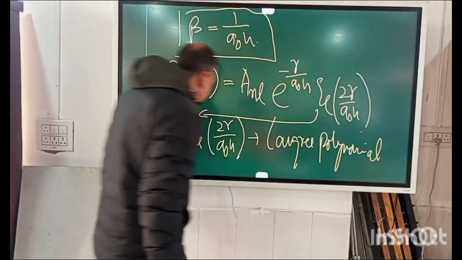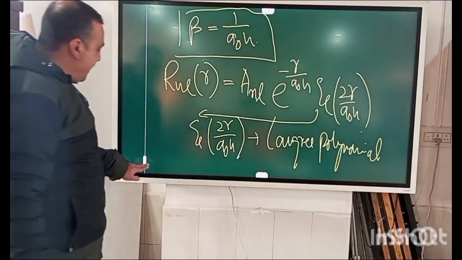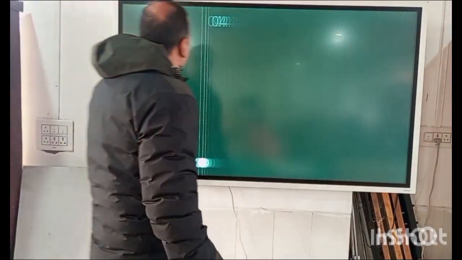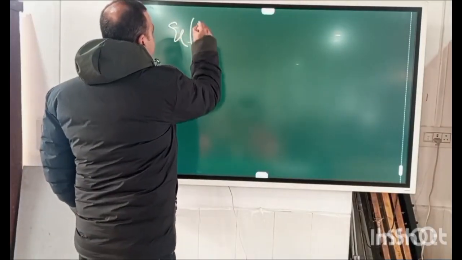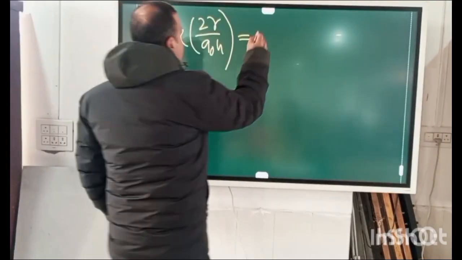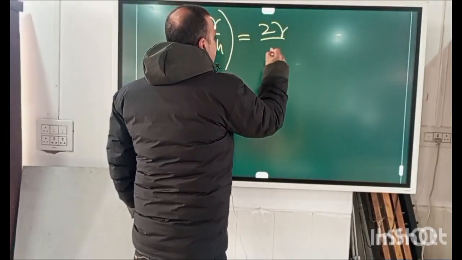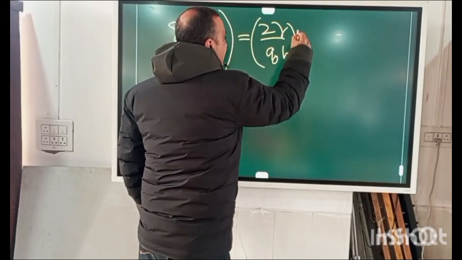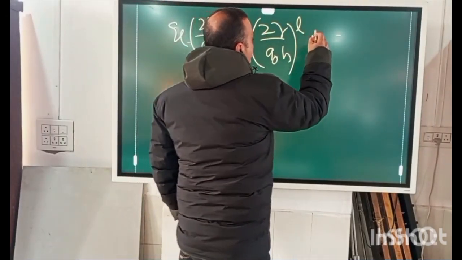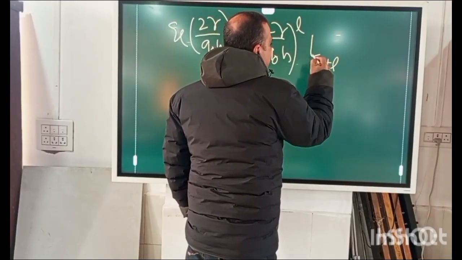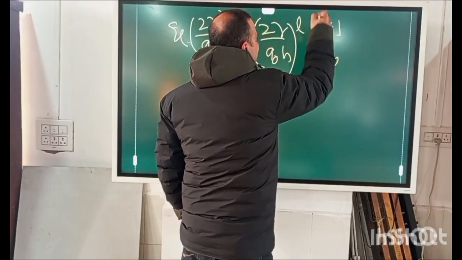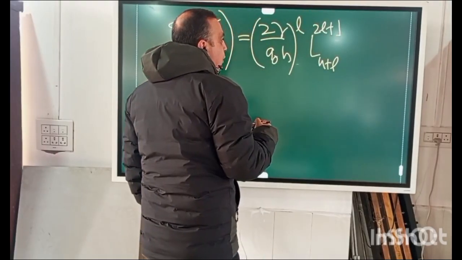This you will have studied in your mathematical physics course, and we can write down this Laguerre polynomial, zeta of 2r by a naught n, as 2r by a naught n raised to power l, and then L of n plus l, with 2l plus 1. This l is your orbital angular momentum quantum number.